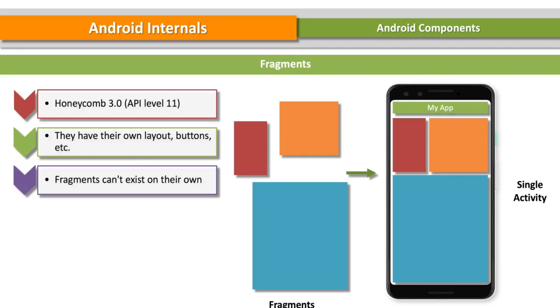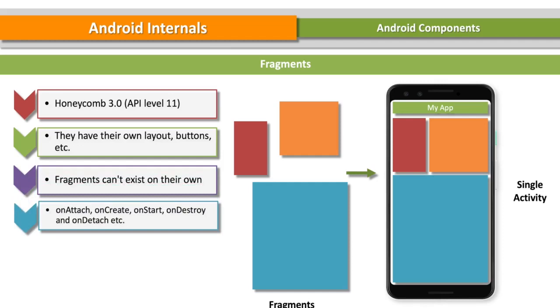They have their own life cycle, which is tied to the life cycle of the activities that implement them. So to follow on from that, because fragments have their own life cycle, the fragment class contains event managers that can be redefined and extended.